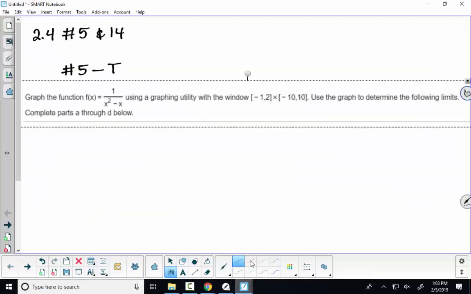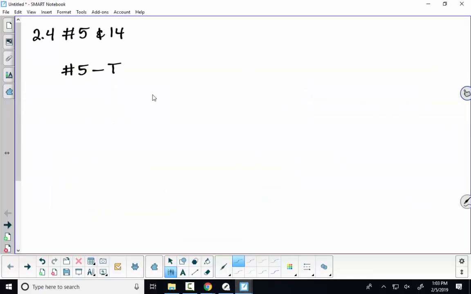Okay, let me modify this then. 12 and 14 maybe? 12 for sure. Maybe 14. Yeah, I think we should. 14, okay, 14 and 12. We'll go in order.